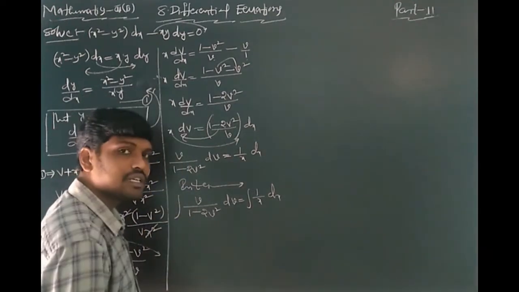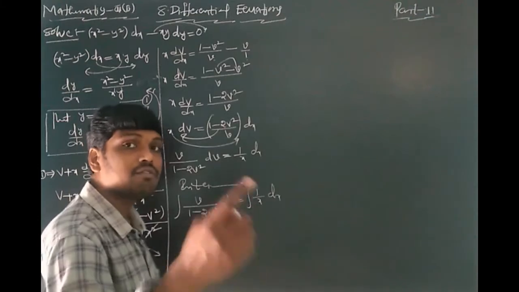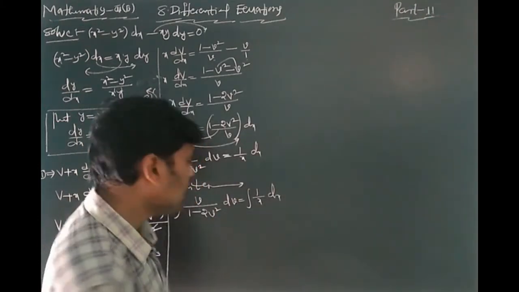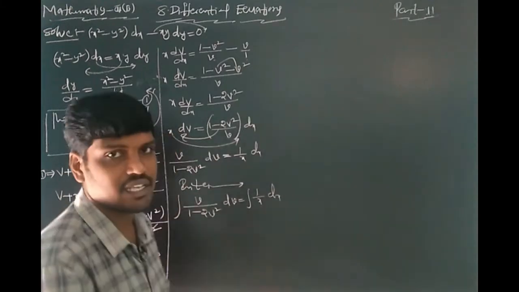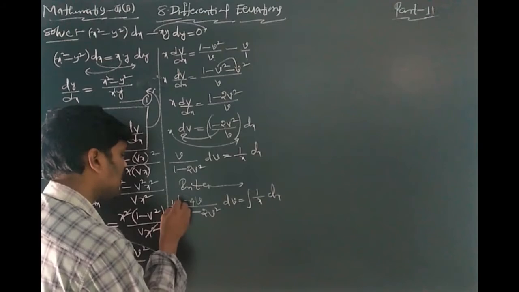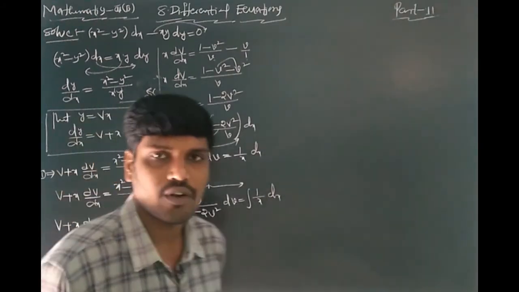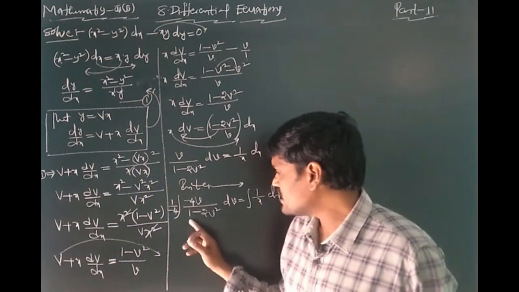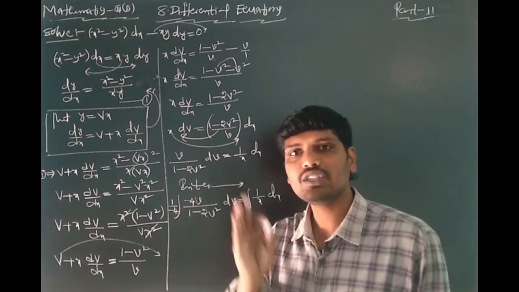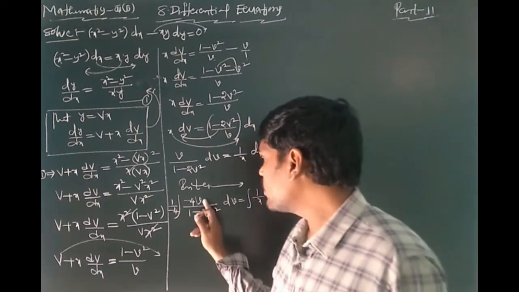Here the derivative: 1's derivative is 0, minus 2 common, v square derivative 2v, minus 2 into 2v, minus 4v. But here only v is there. That's why this is multiplied with minus 4 and divided by minus 4. Understood or not?